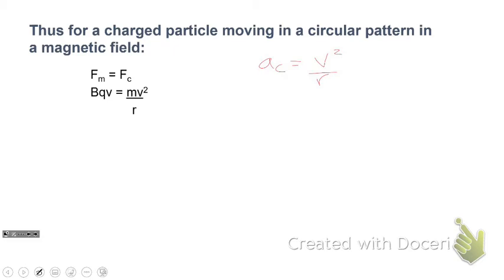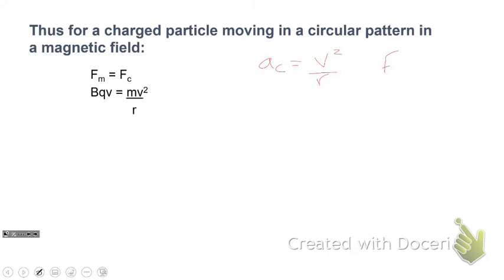Centripetal acceleration is velocity squared over r, so you get that on your formula sheet, right? It's in the kinematics section.